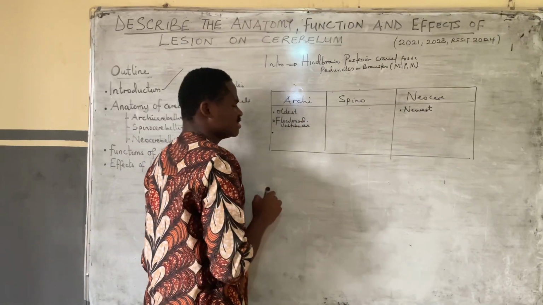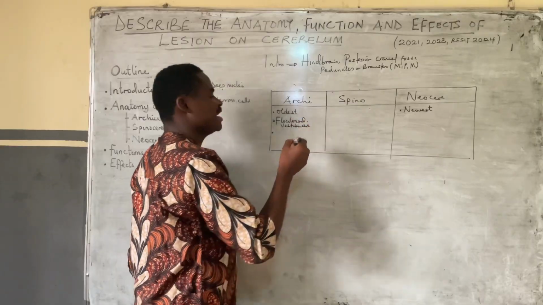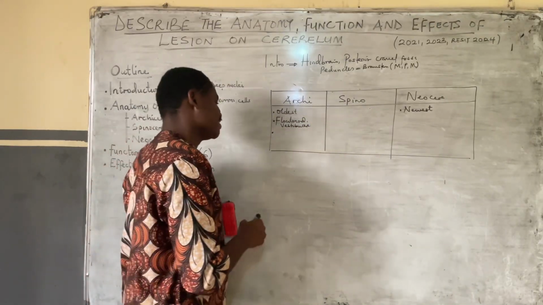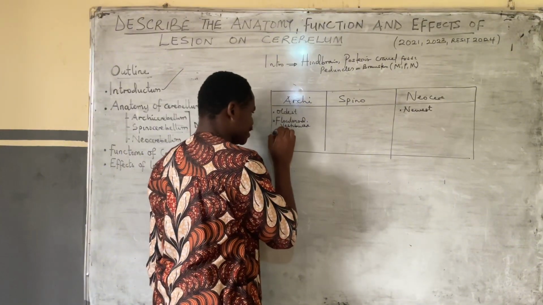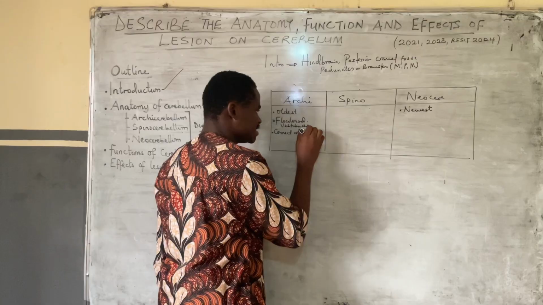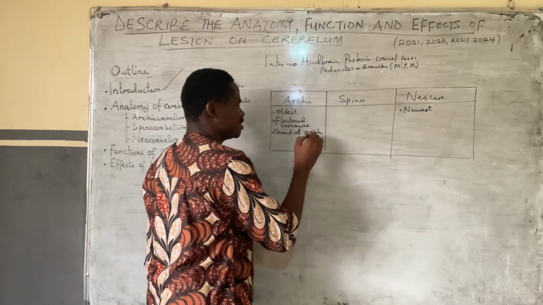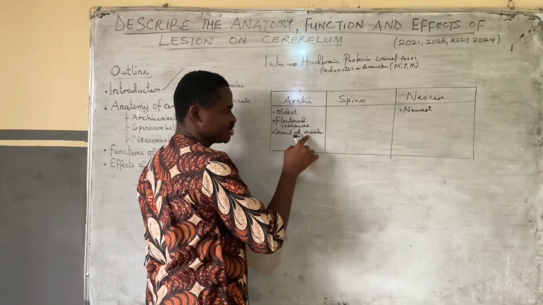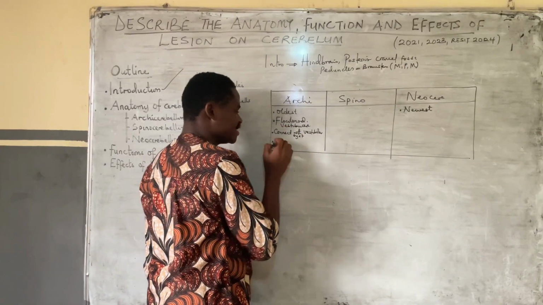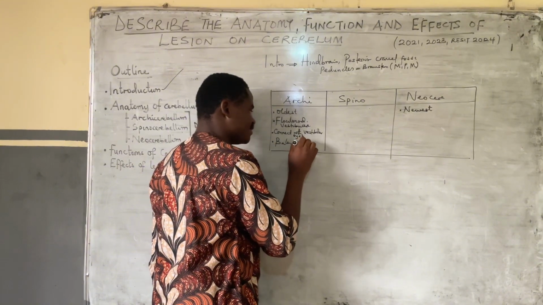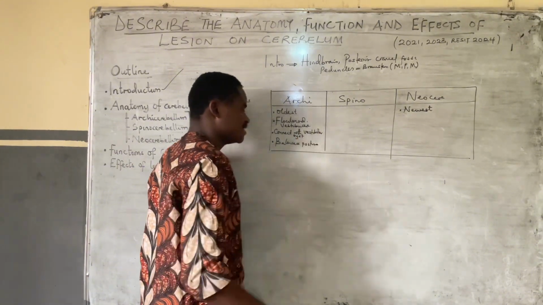So flocculonodular cerebellum layer or the vestibulocerebellar part has connection with the vestibular system. Because of this connection with the vestibular system, it has been noted that it causes balance and posture. Remember what the ear does for balance.